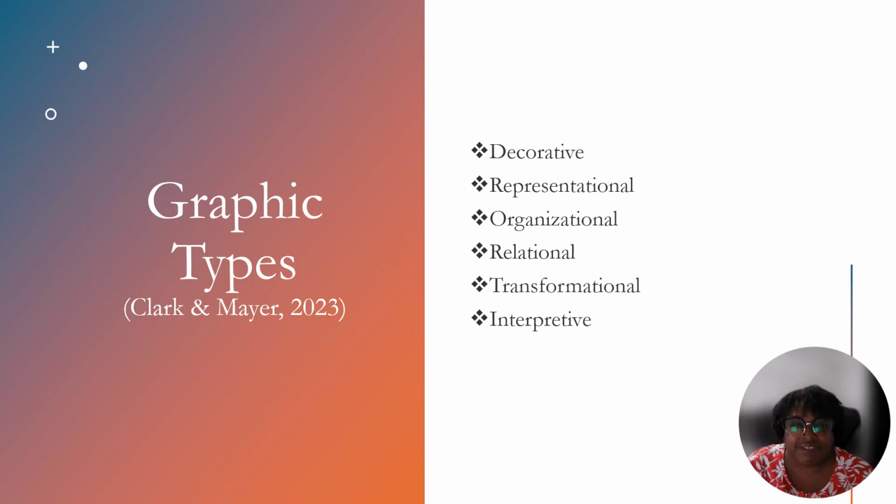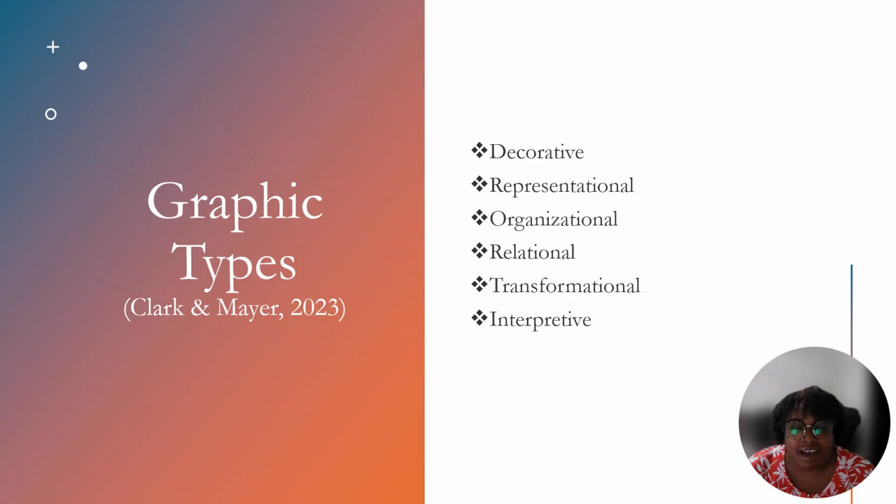So if I were to give a chemistry joke at the beginning of a lesson, it may or may not have anything to do with the lesson. It just might add humor and lighten the load of a difficult task that's going to be taught. And so, for that reason, decorative graphics sometimes add a distraction to the learning and are not as beneficial as some of the other graphic types.